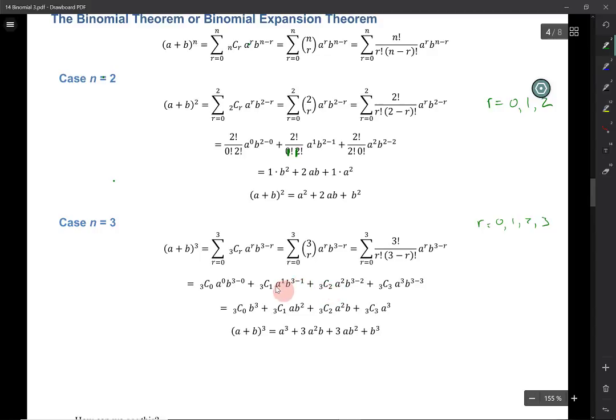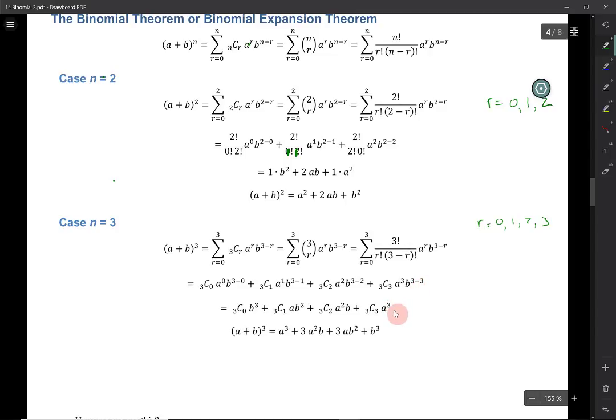Now the coefficient bumps up from 3.1 to 3.2, and then the power of a increases and the power of b decreases. Then we have the final one in the series, and the power of a has gone all the way up to 3, and the power of b has come all the way down to 0.